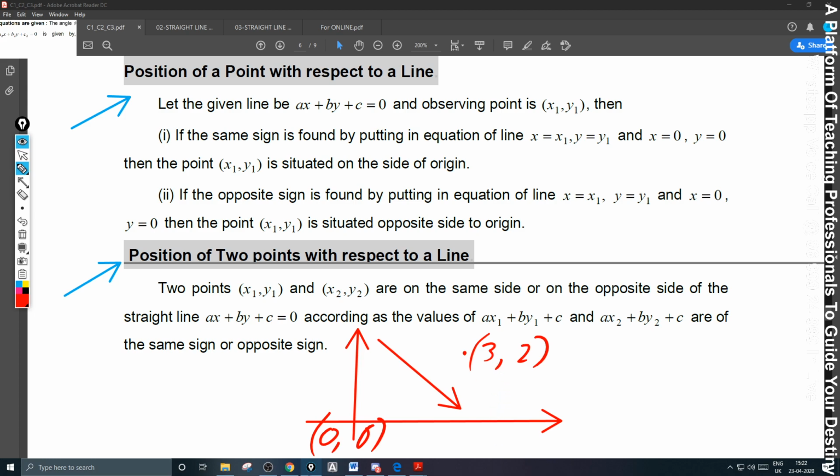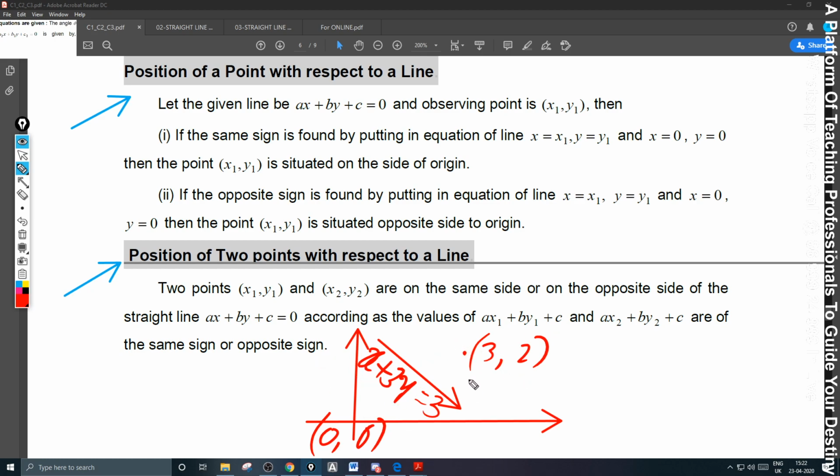Origin side means below the line, non-origin side means above the line. Then what is to be done? I'll take the line equation as x plus 3y is equal to 3, please.